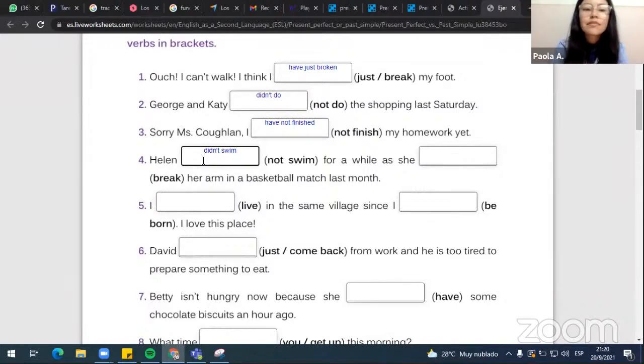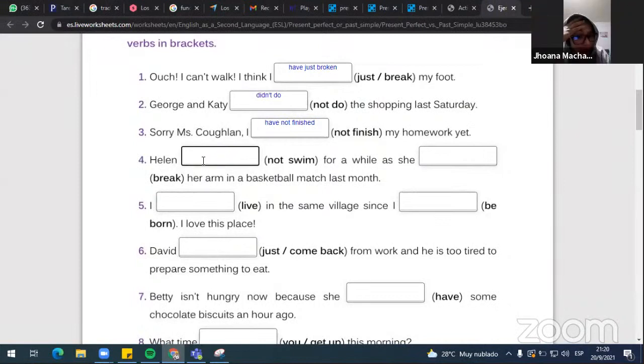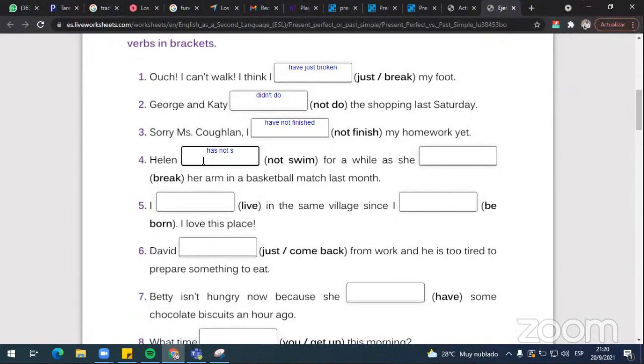Helen has not swim. El verbo en past participle, ¿no? Swim, ¿cuál es el past participle?